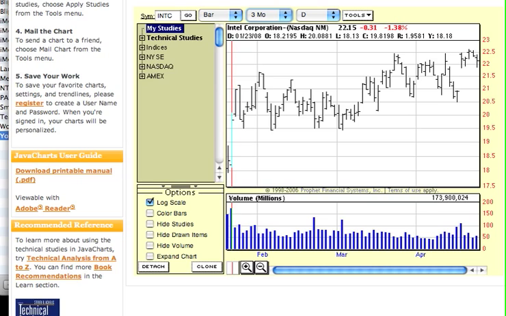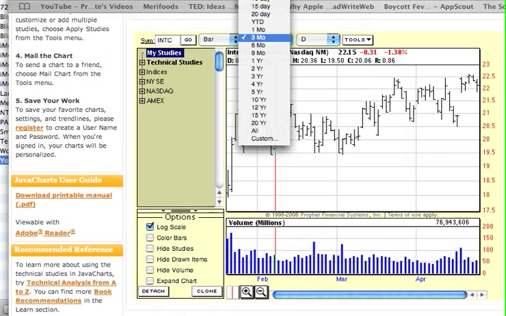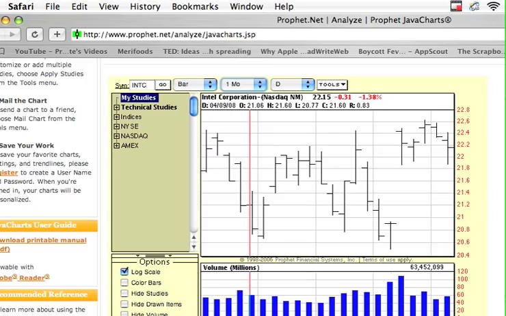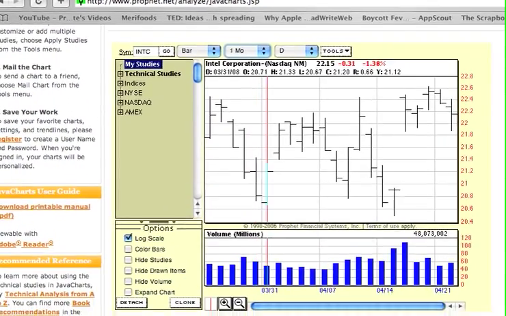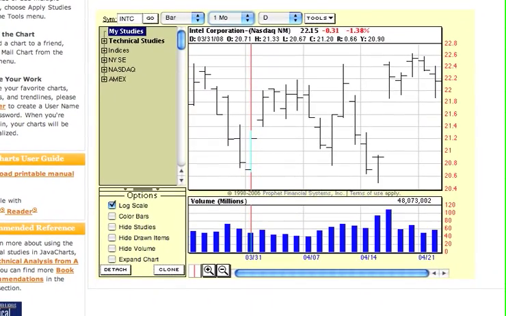A little left, let's go to a 1 month. You get a better picture. Okay, so this makes it much easier. So if we go to, which happens to be March 31st, this day, March 31st, 2008, the bar here, on the left side of the line is the opening price, and the opening price was $20.71.